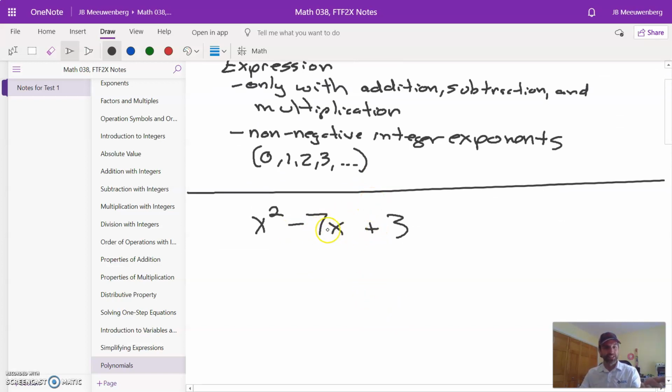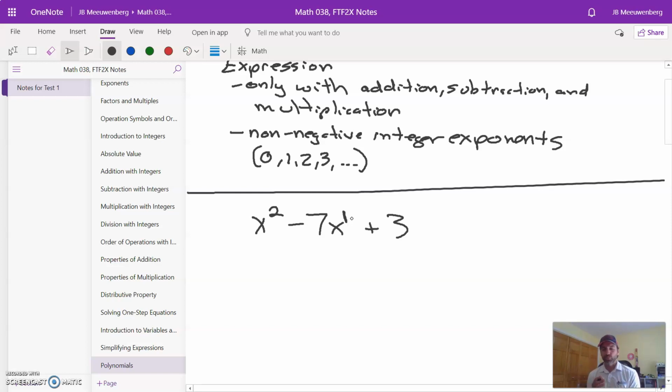Plus, minus, and then 7x is multiplication. Even x squared as an exponent is multiplication. There are exponents. There's a 2. If we have just a variable all by itself with no exponent, there's an implied 1 there. So that's a non-negative integer exponent.